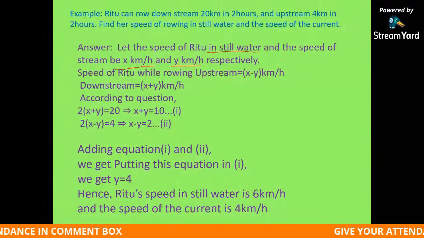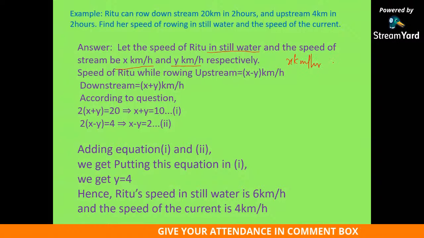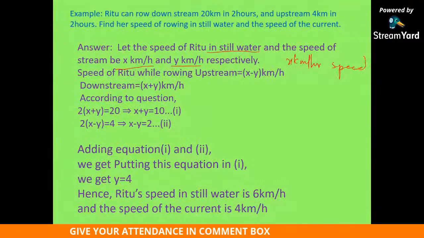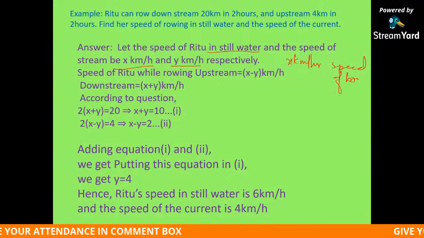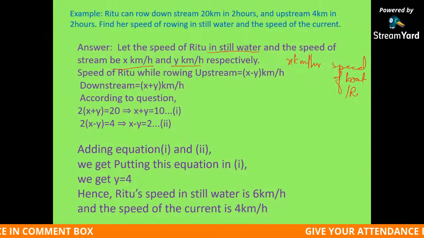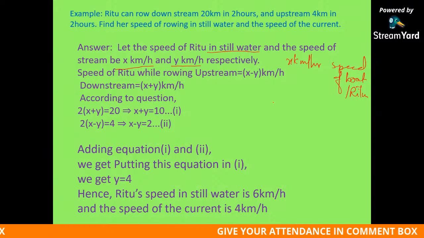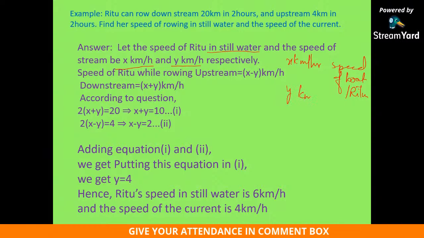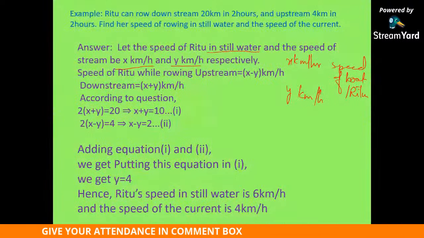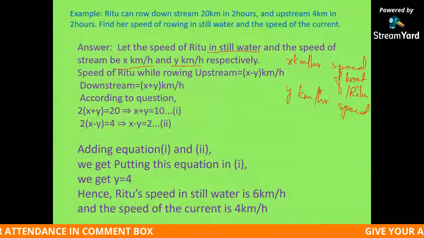Whereas x kilometers per hour is the speed of the boat or Ritu, y kilometers per hour is the speed of the current.